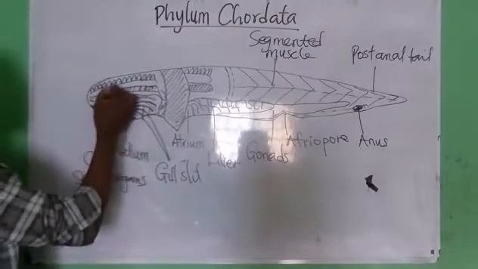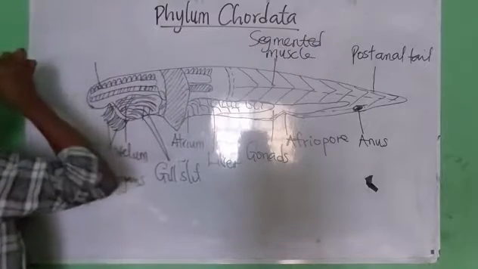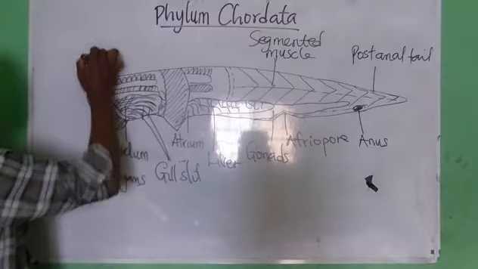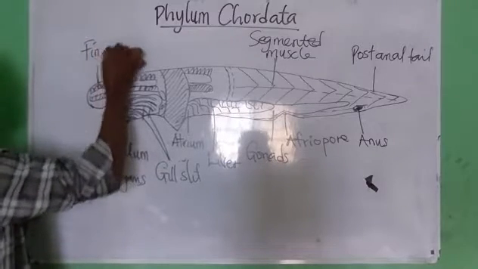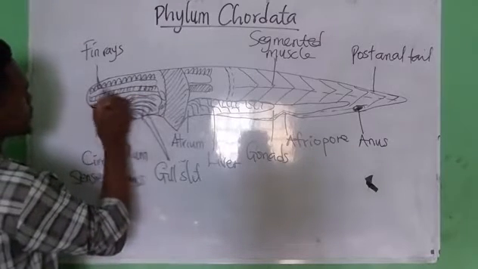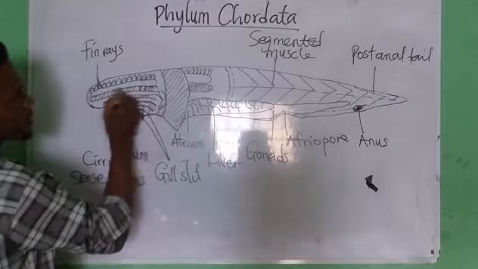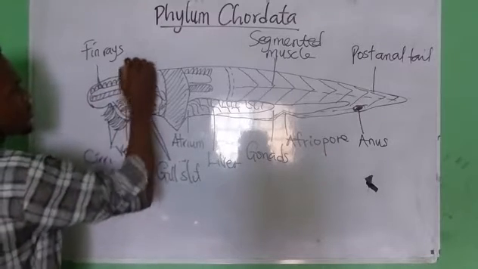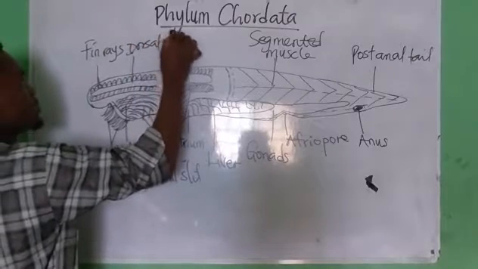Now, this very region that extends from here to this place is called the fin rays. Now, this hollow part of this organism is actually called the dorsal nerve cord.